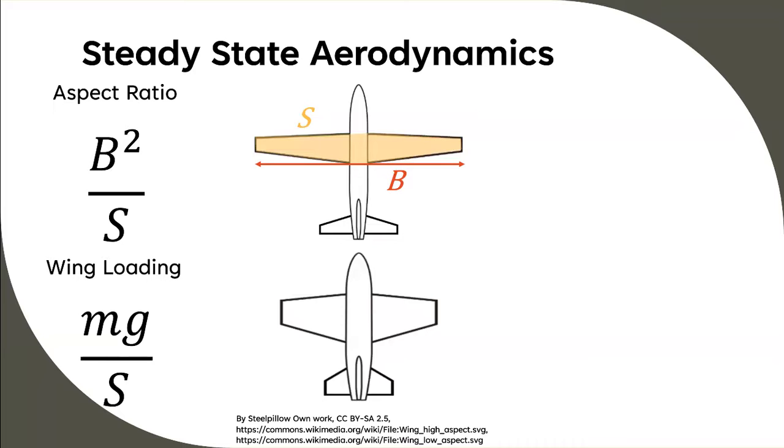Instead, we go with this formula, so that if you have a square wing, it's the exact same thing. We also look at wing loading, which is just the weight of the aircraft divided by the total wing surface area. This is saying how much weight each unit of the wing has to lift up.